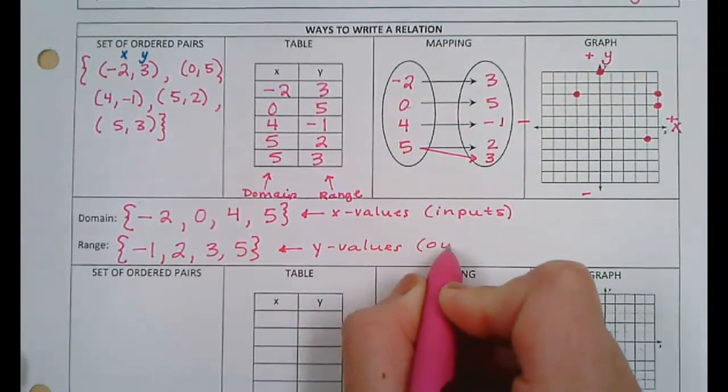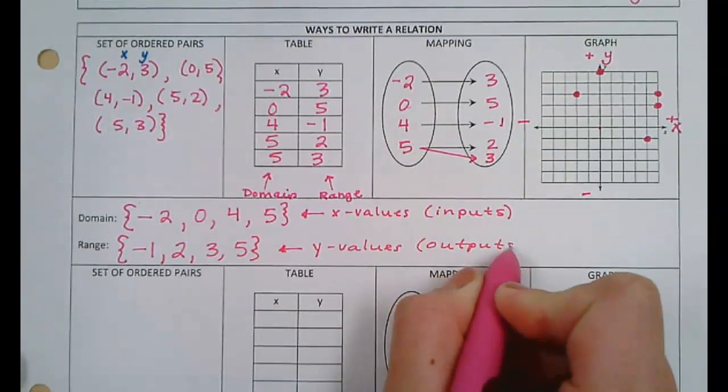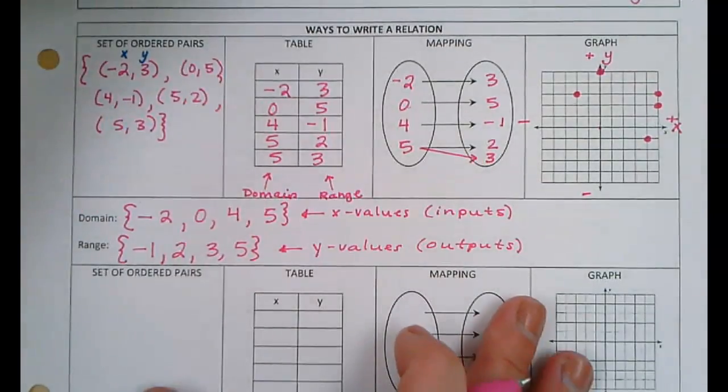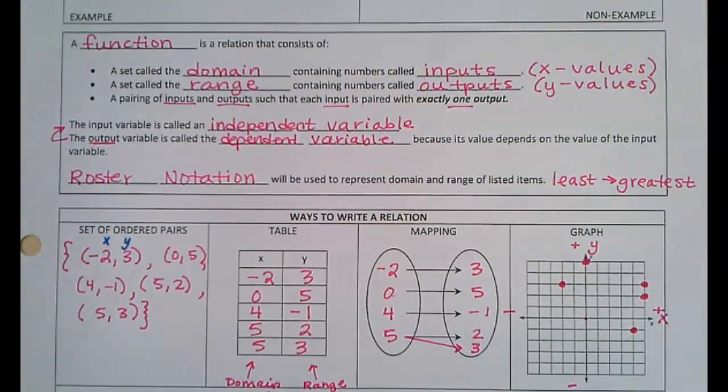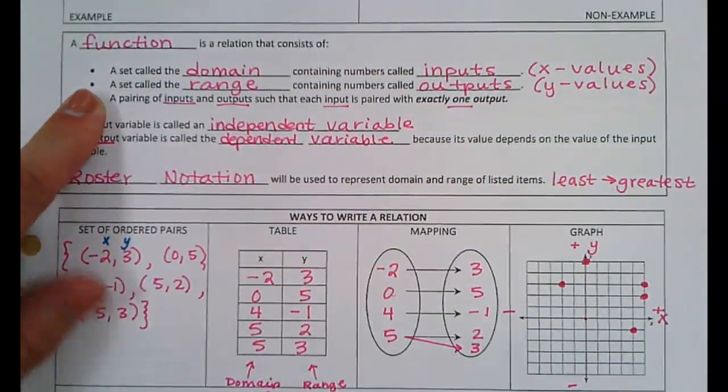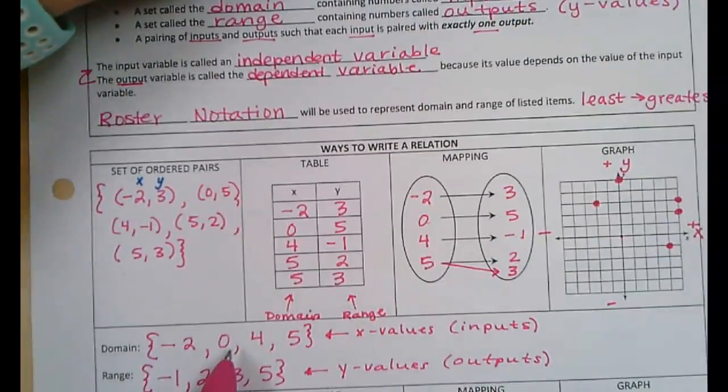Now, one thing I want you to notice before we move on to our next set of a relation is we're going to talk about what it means to be a function. So let's go back to our definition of a function. We have a set called the domain, or the inputs, and we exactly have our set right here listed off.